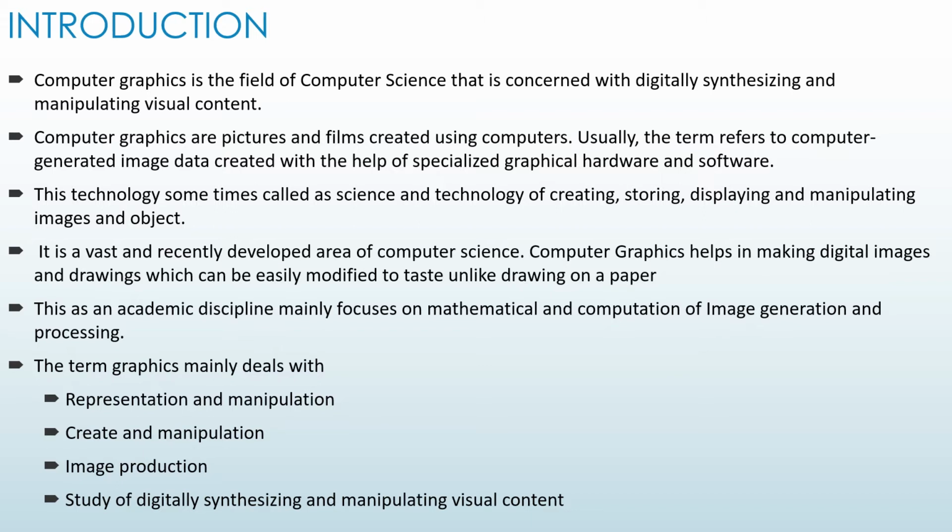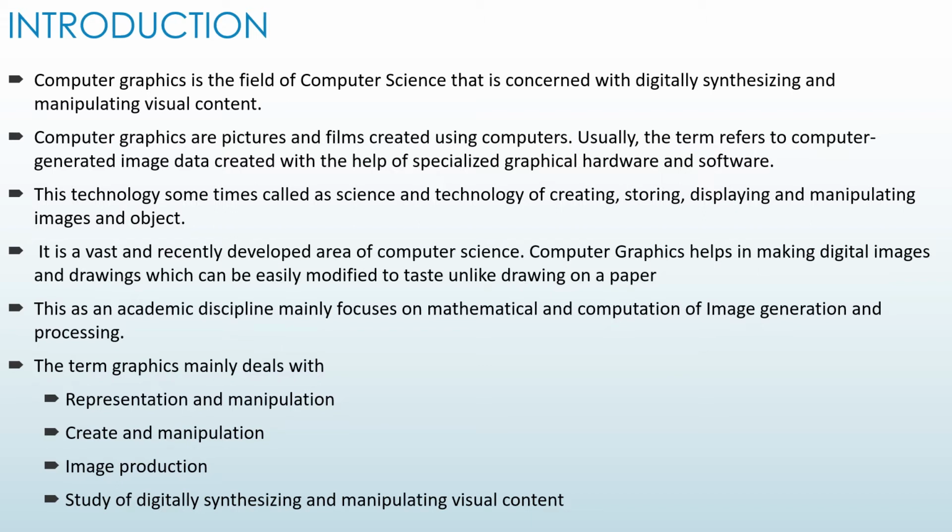Second is creation and manipulation. Creating new things also requires graphics. Next, production of images: for data or images to be produced, synthesized, or utilized in a system, graphics is also required. Last, the study of digitally synthesizing and manipulating visual content. For what? If an image is already present, you need to do something different in it, or work on something different on those things.